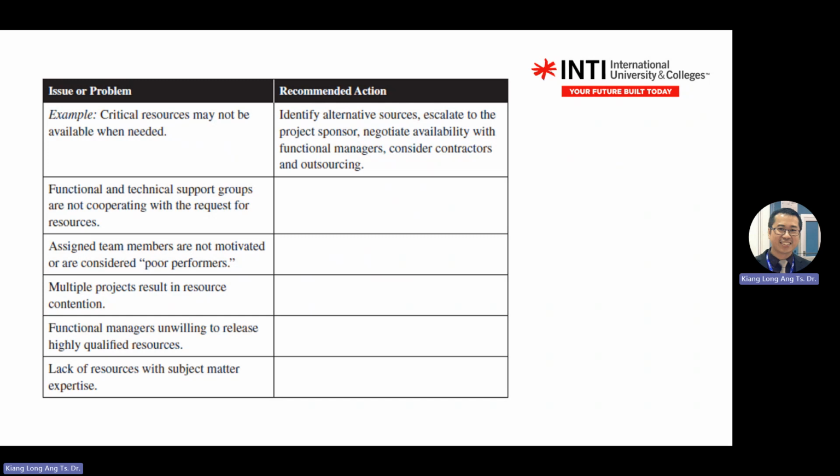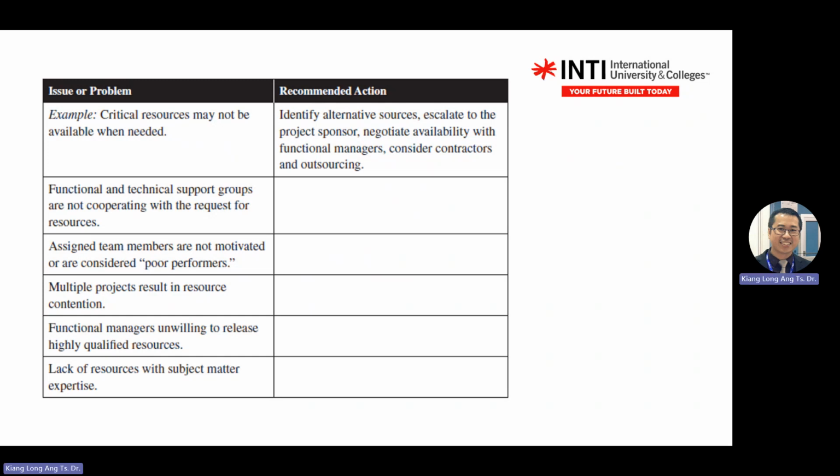Then what do you expect from the sponsor actually? You ask the CEO to come and talk to them, or they don't want to cooperate. Usually it doesn't work lah in the real scenario. You face a problem, you go and tell your boss, I have this problem, then you ask your boss to solve your problem.